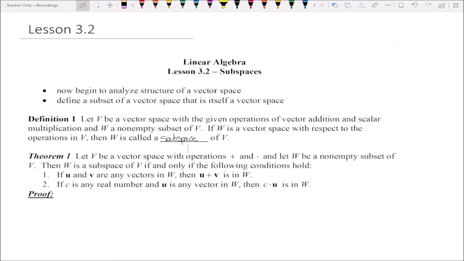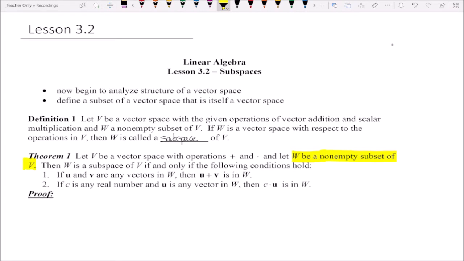1. If u and v are any vectors in W, then u plus v is in W. 2. If c is any real number and u is any vector in W, then c times u is in W. In other words, there are three things we have to show. First, that W is a non-empty subset of V. Okay, this is easily done, right?